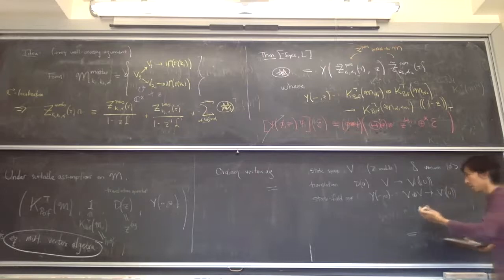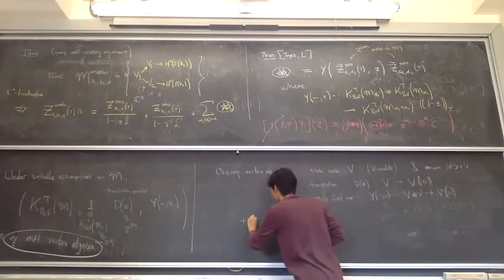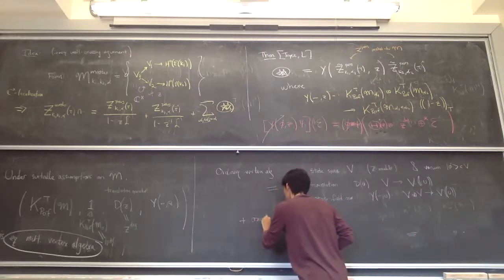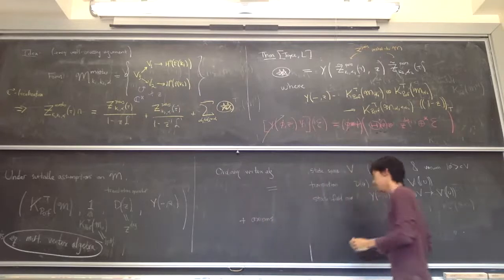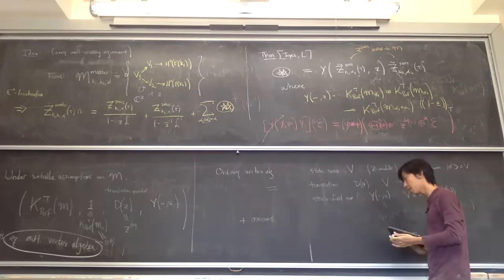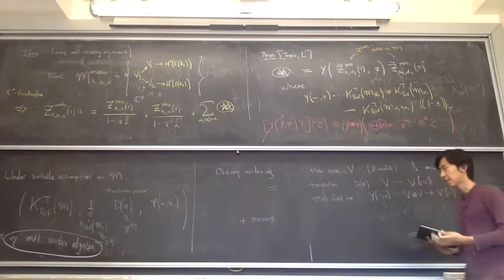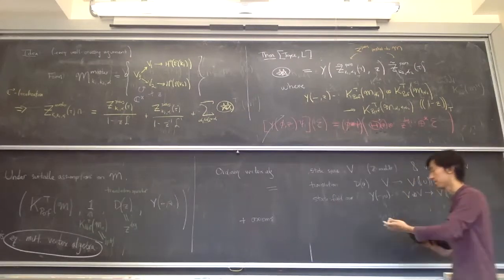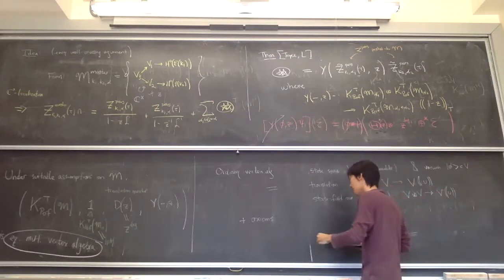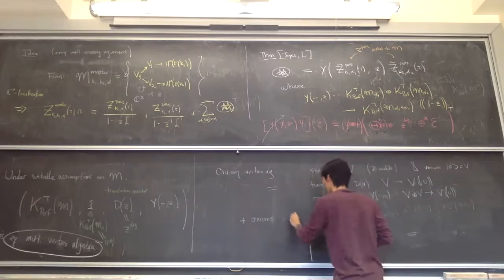Okay. So these are usually required to satisfy some axioms. And I think there's many, many ways to write sets of axioms for vertex algebras. But regardless of how you write these axioms, they all look like the following shape.